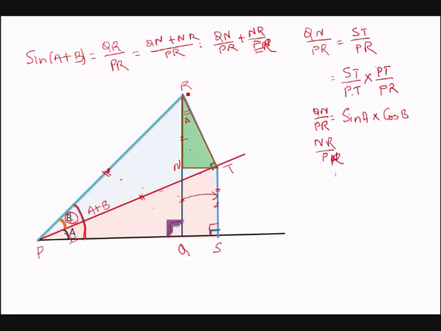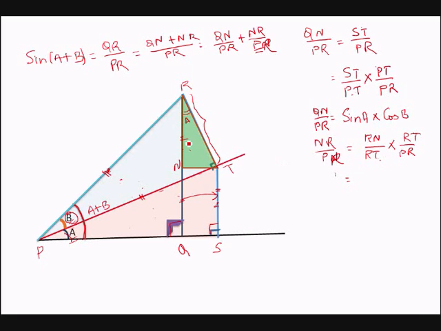The side common to both these triangles is RT. Therefore, I have to introduce this RT in order to combine RN and PR. I'll introduce it in the same way I did for PT. So RN over RT times RT over PR. I am multiplying and dividing by RT.